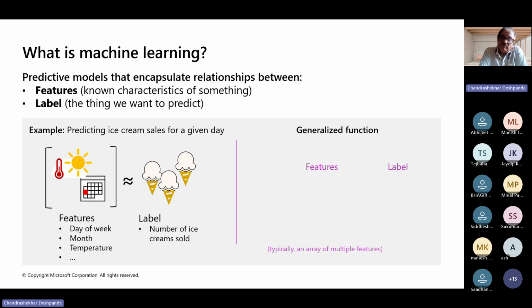So algorithms, or models, basically do not store data. They extract the pattern from the data, convert that pattern into some mathematical equation, and once it successfully converts that pattern into a mathematical equation, that equation can be used for prediction.